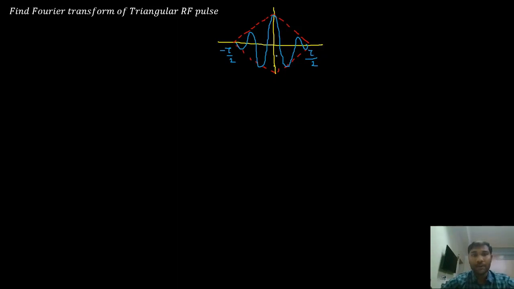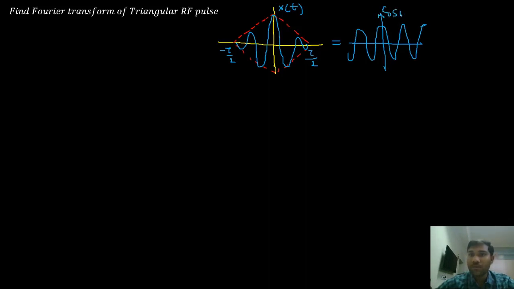For this, we need to find the Fourier transform of x of t. Let us say this is x of t. Now x of t I will write as a product of two functions. The first one is a cos function, cos omega naught t.